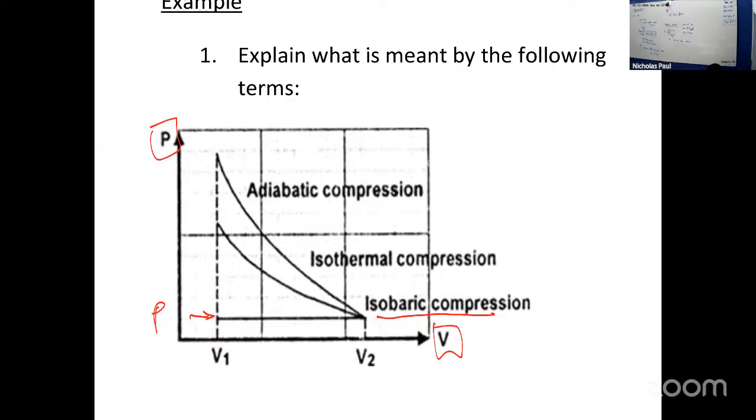What does isothermal mean? Constant temperature. So between here and here, or wherever, temperature remains the same. And adiabatic, you wouldn't know this one, but adiabatic means that pressure and volume are both changing.